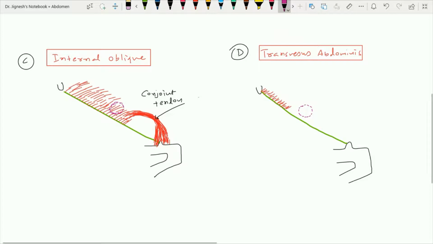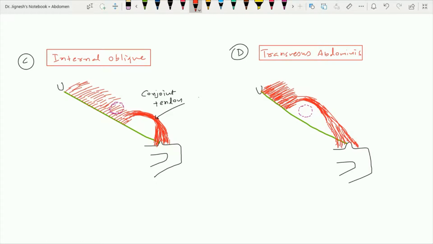So this transversus abdominis muscle does not cover this deep inguinal ring. And the fibers of this transversus abdominis muscle form the conjoint tendon along with the aponeurotic fibers of the internal oblique, which curve on the medial side of the deep inguinal ring and insert over the pubic crest and the medial part of this pecten pubis.